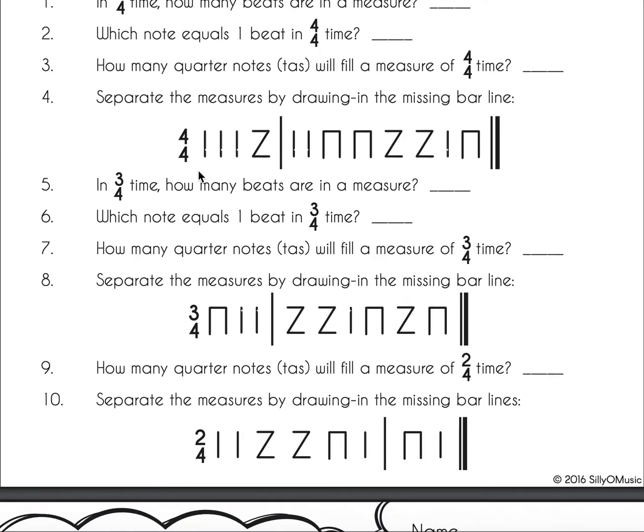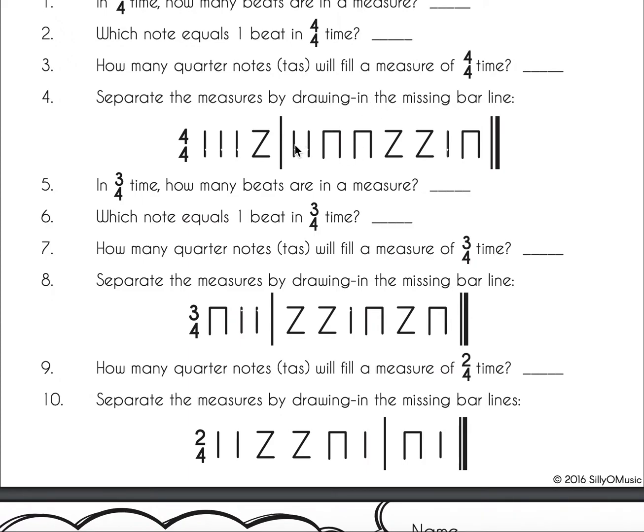Then, whenever you see a question that says separate the measures by drawing in the missing bar line, you see that here as well as number 8 and number 10. It's giving you a different time signature each time. So here you have 4/4, then you have 3/4, then you have 2/4, and it's asking to count to however many beats you have and write in the bar to complete the measure.